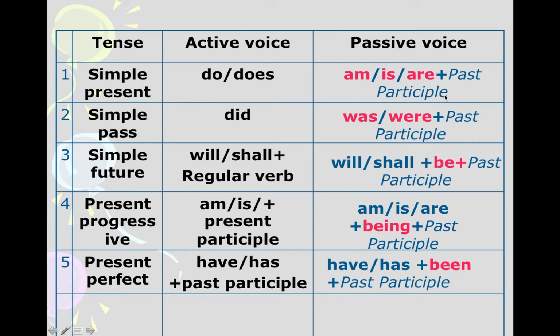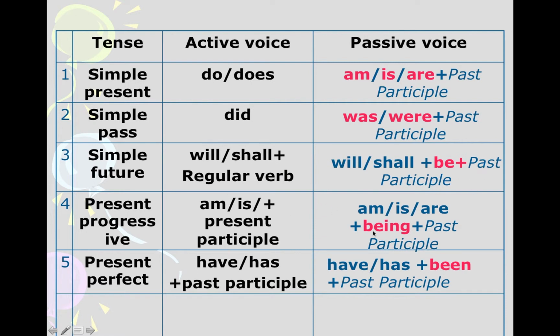In passive voice, it becomes am, is, are plus past participle. For the simple past, we use did right here, and in passive voice, we use was, were plus past participle. For the simple future, it's will, shall plus a regular verb, but in passive voice we use will, shall plus be plus past participle.